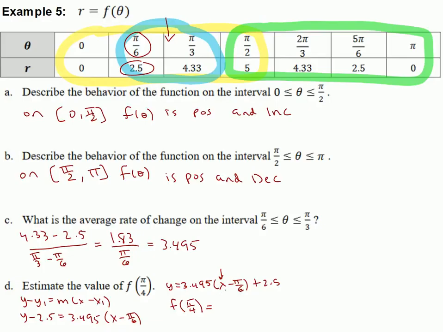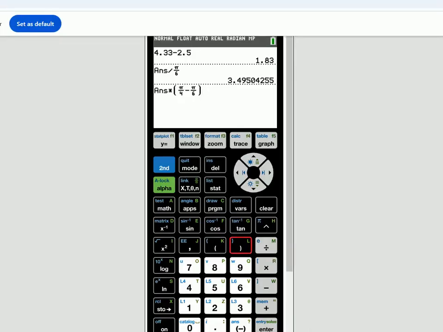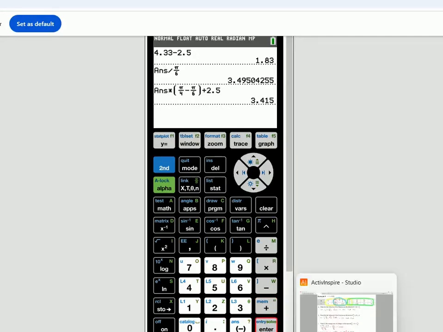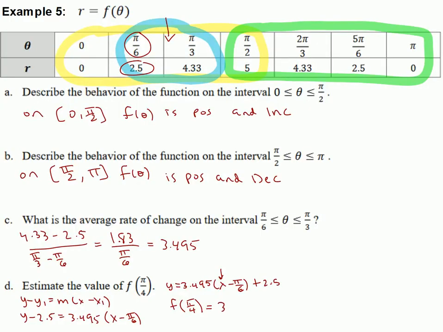That's pi over 4 minus pi over 6. Next, I need to add 2.5. So plus 2.5, and now when you hit enter, 3.415. That should be our answer here. Okay, 3.415. There we go. That is the final answer to this one.